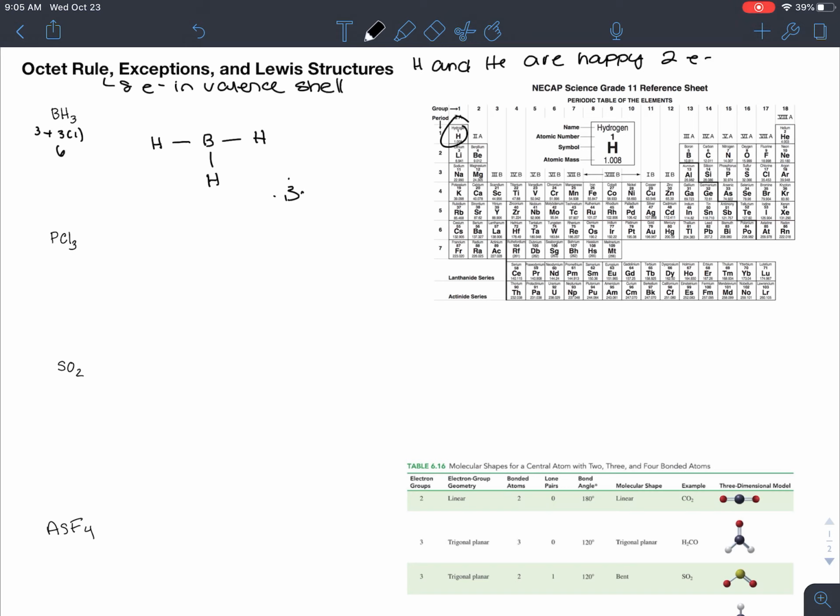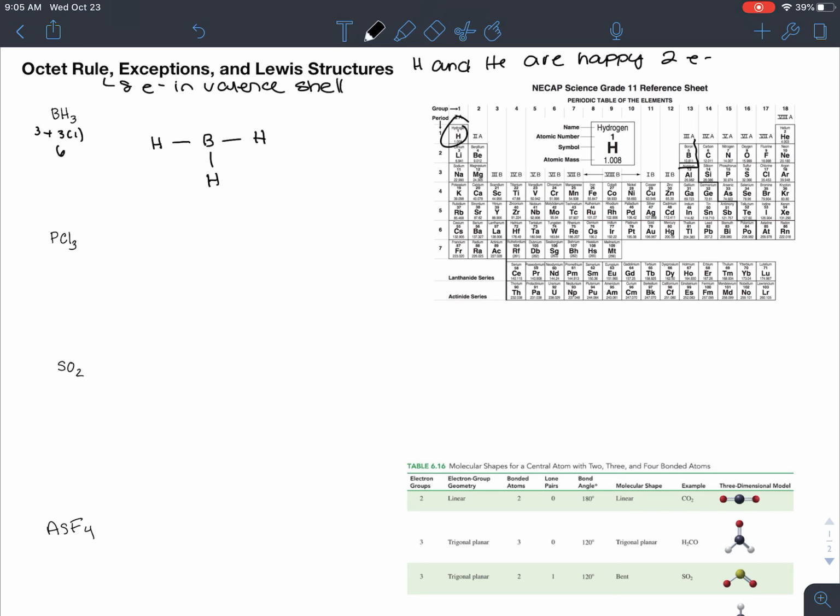Now some may say, well, what's the difference between boron and carbon? That's because boron has 3 valence electrons, carbon has 4. So because carbon can bond 4 times, that's already 8 valence electrons. Boron can only bond 3 times, and there are no lone pairs, so it can only have 6 to be unreactive. So the exception is that once you get to boron, or before it, you can have less than 8 valence electrons.